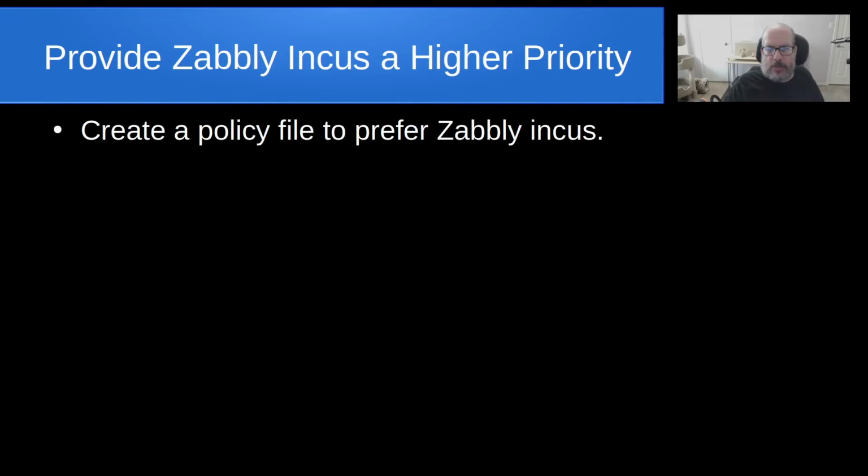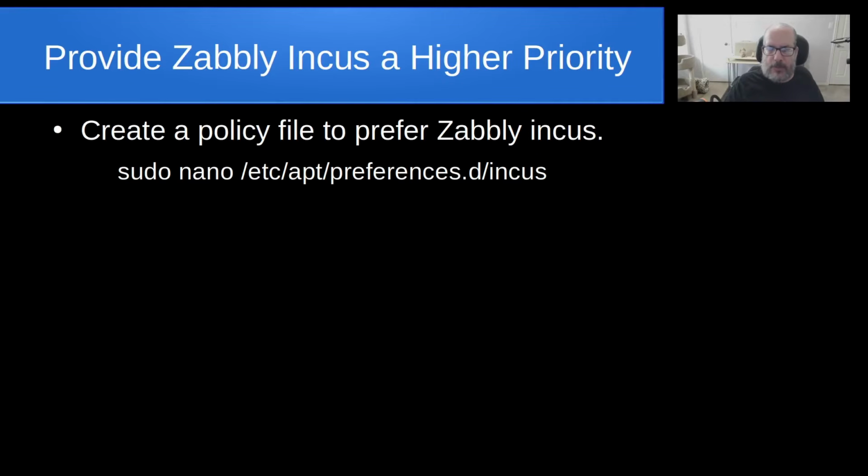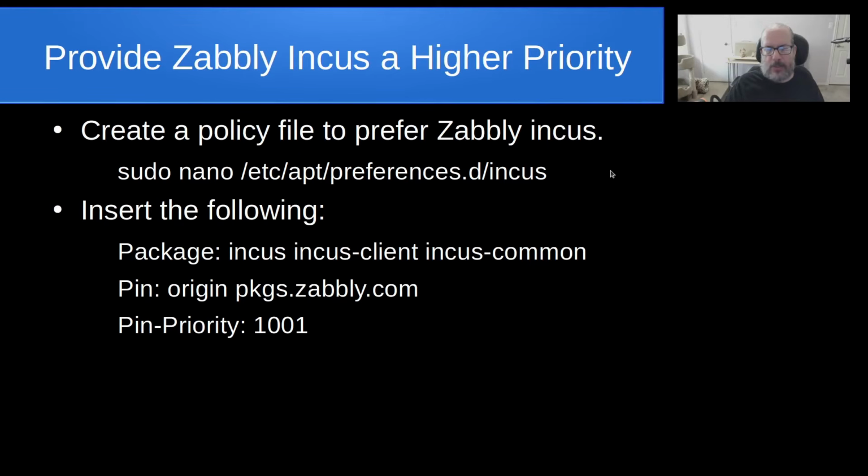You can create what's called a policy file, and that policy file will prefer the Zabbly Incus as opposed to the Canonical Incus. And so I do a sudo nano /etc/apt/preferences.d, and in this case the name of the package is Incus, so that's the name of the file. And then I insert the following code into that file, and it's very simple.